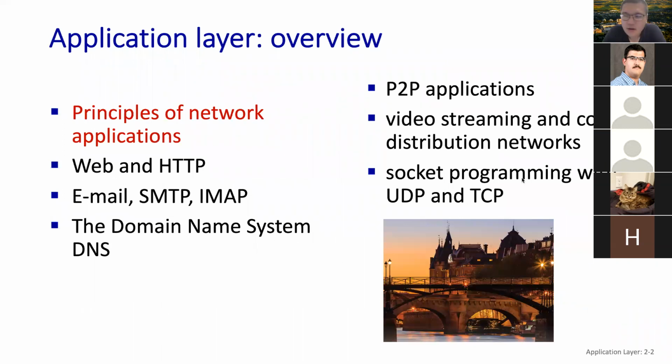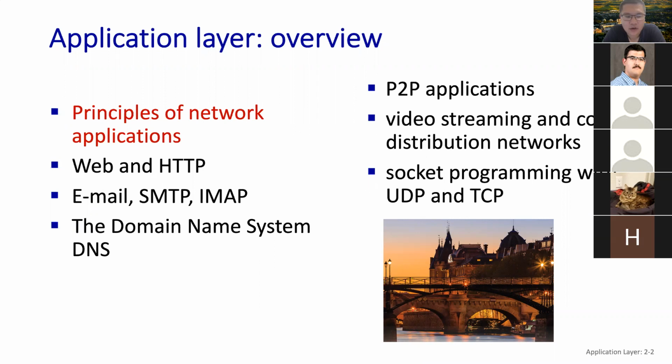So for this chapter, we will discuss the principles of the network application layer, and the different protocols in the application layer, for example, HTTP, SMTP, IMAP, and their corresponding applications, web and emails.